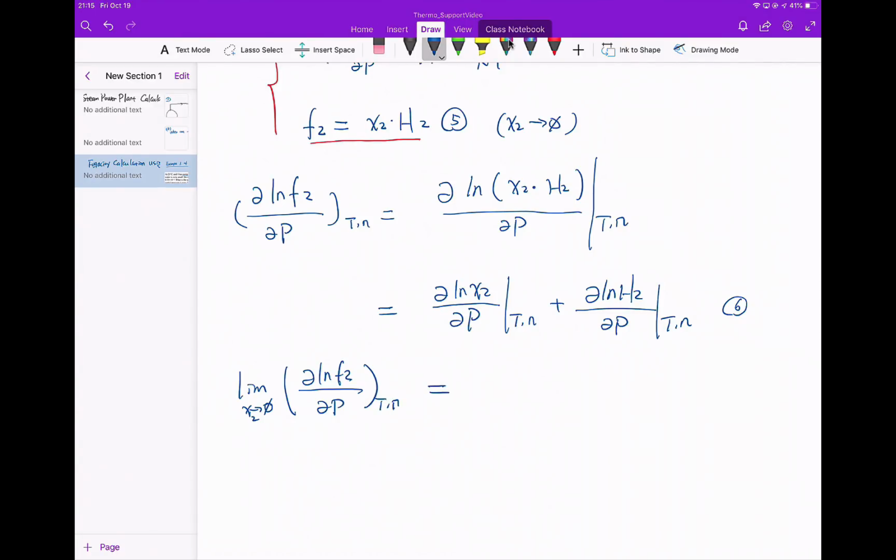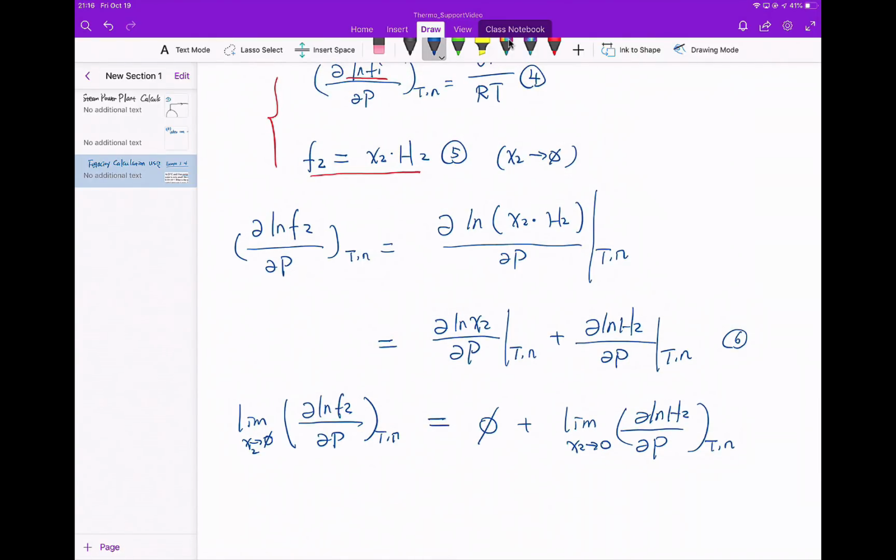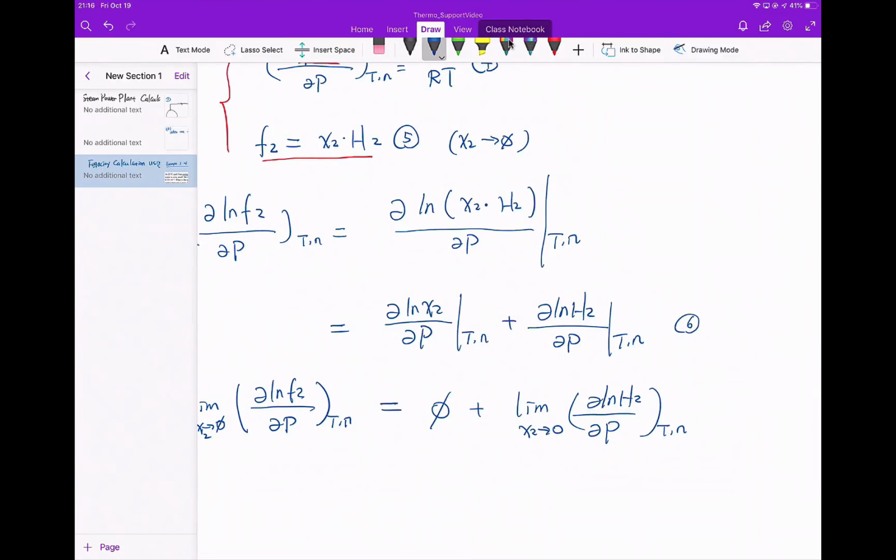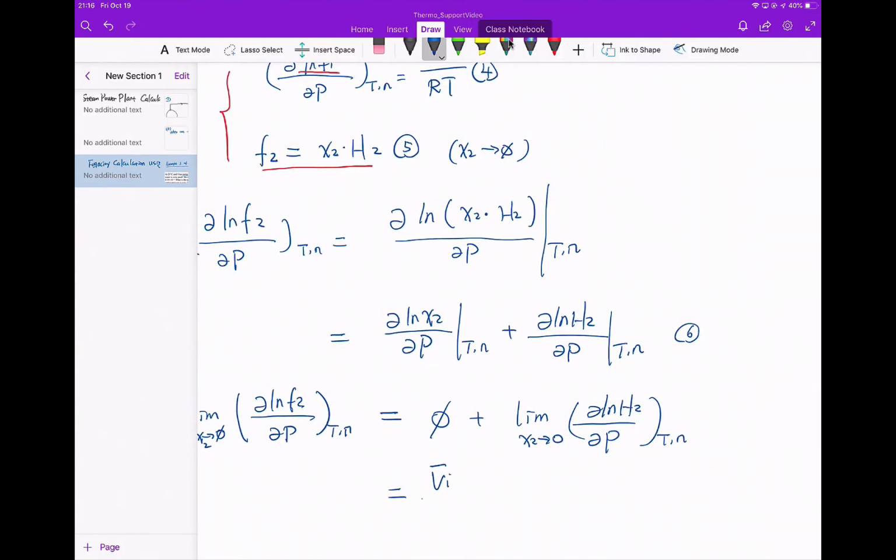Now if X2 goes to 0, then the first term will be 0. Right? The second term is still at a fixed temperature and composition, and according to equation 4, this has to be V_i partial over RT. V_i is basically V2 now.